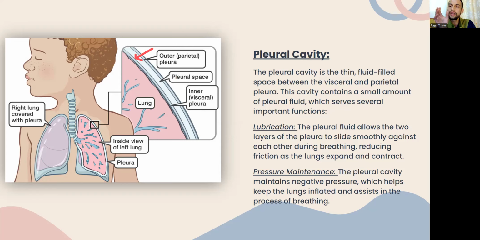Hence, the lungs will deflate, equalizing with the atmospheric or room pressure present there. So inhalation will become hard. So the pleural cavity is very, very important when it comes to the process of respiration.